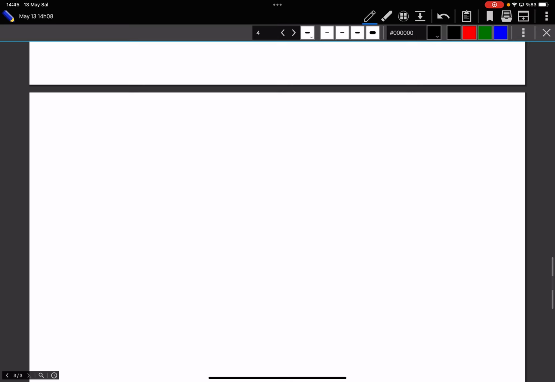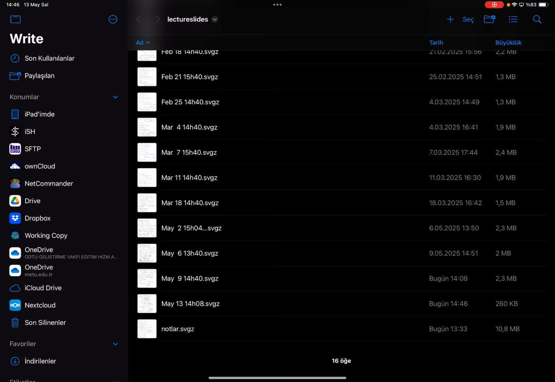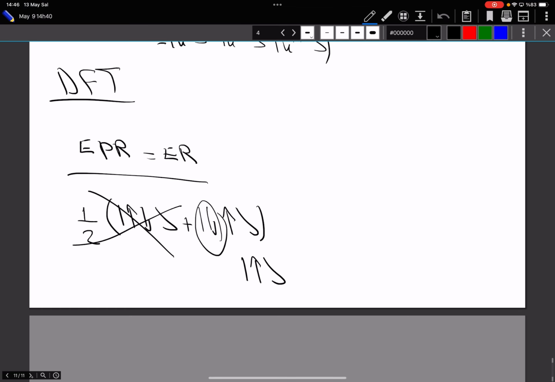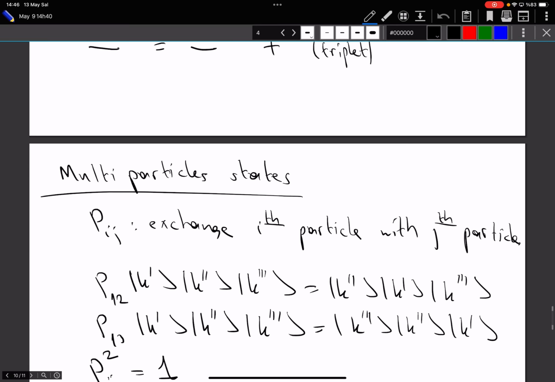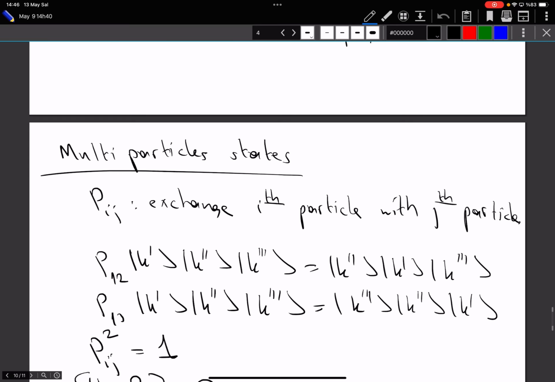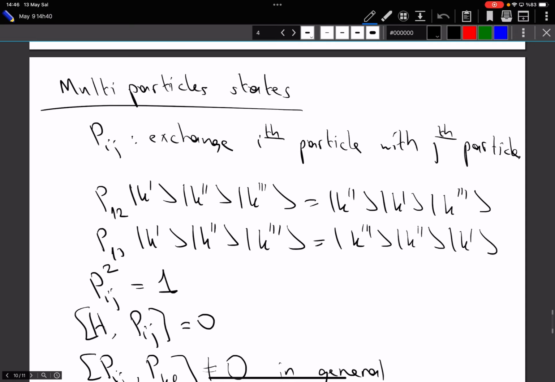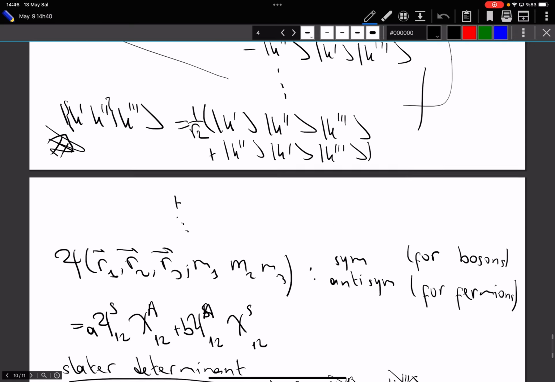Okay, let's continue with our conventional many-body systems. Okay, so we were also looking at multi-particle systems. Well, this was basically a generalization of what we had done for two particles.